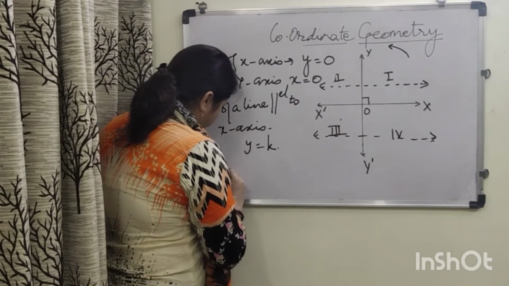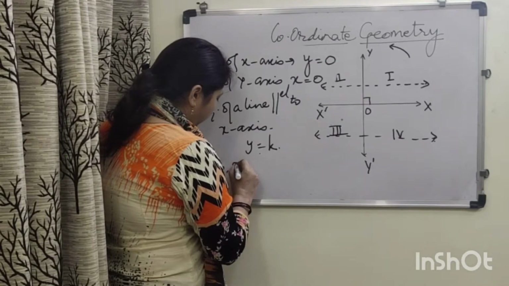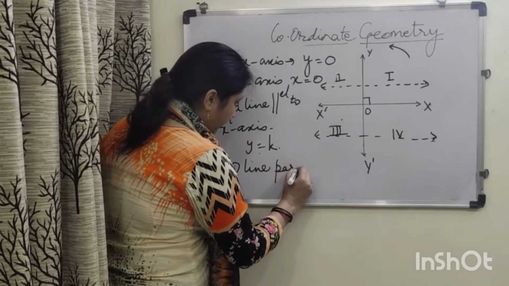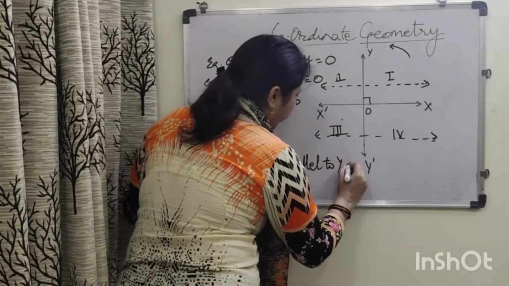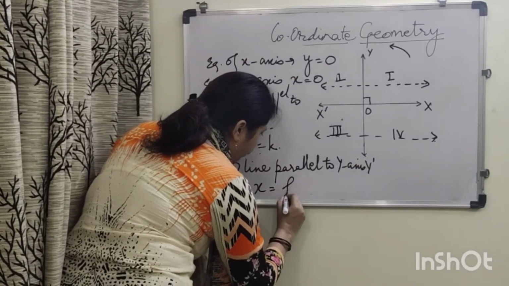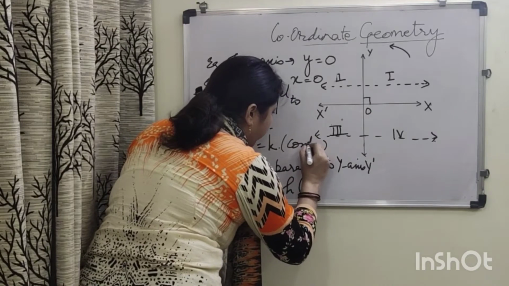Equation of a line parallel to y-axis is x equals h, where these h and k are constants.